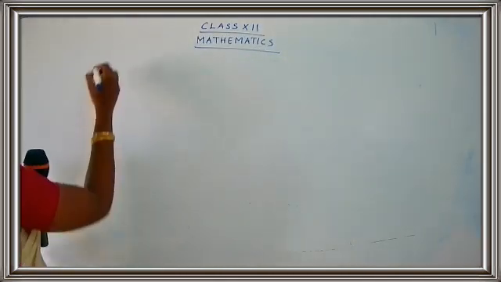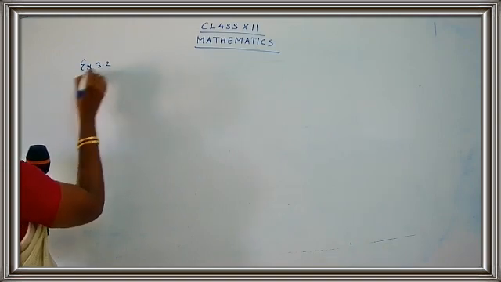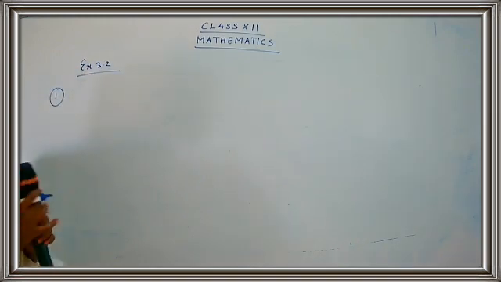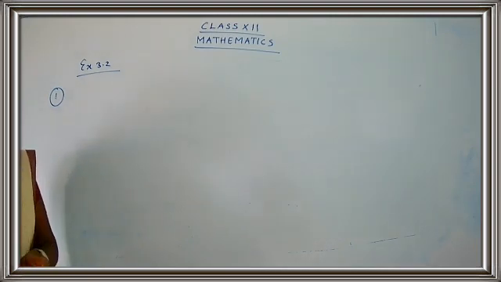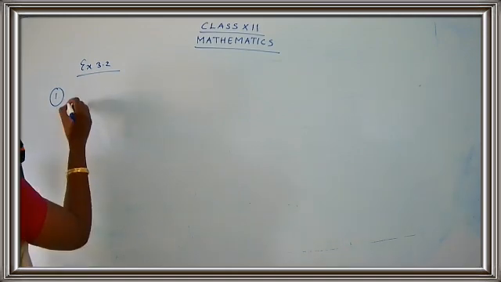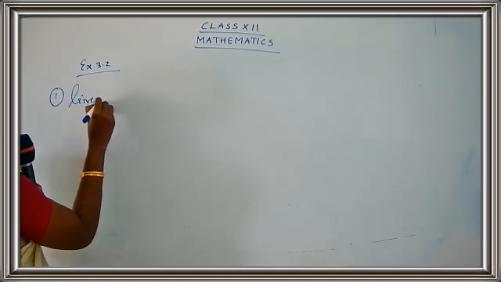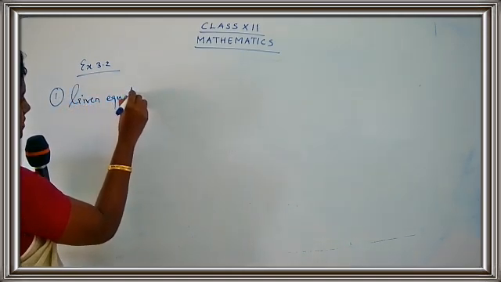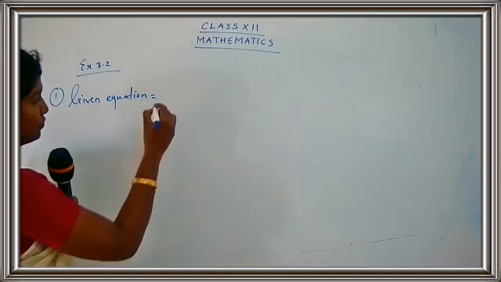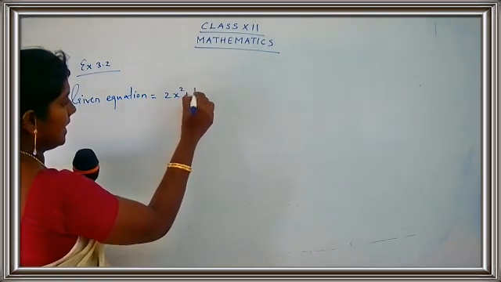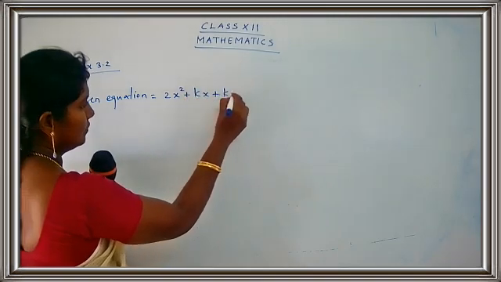Exercise 3.2, and we are going to talk about the first sum. Write down, here we have been given the equation. What is the equation given to you? Given equation: 2x square plus kx plus k is equal to 0.